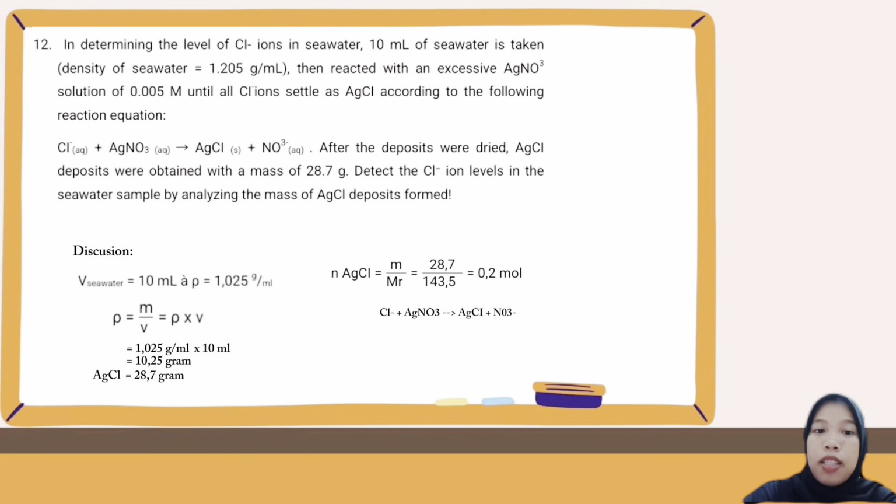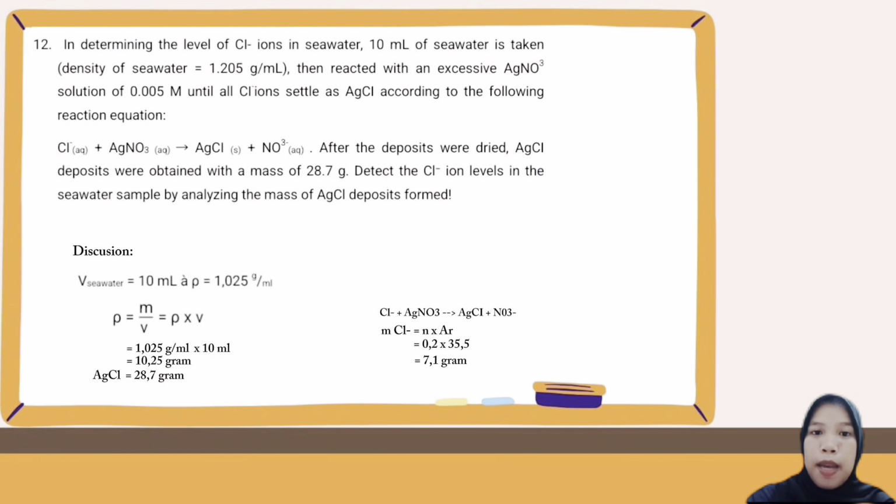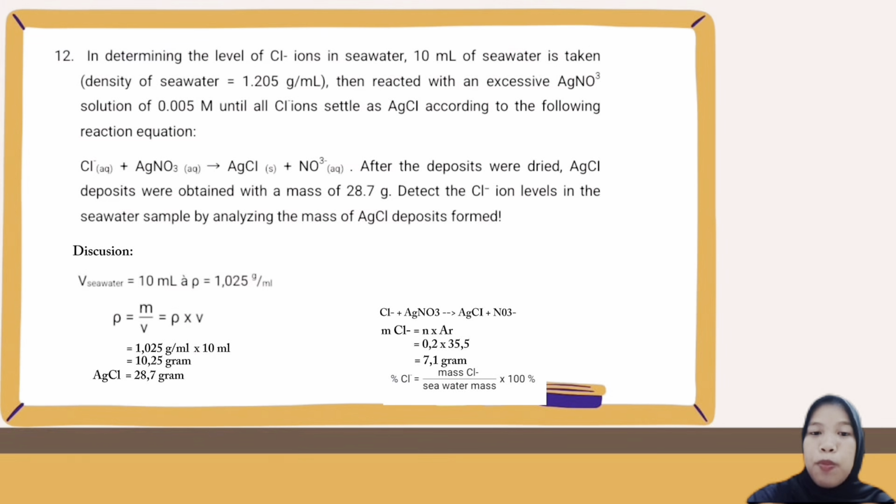Cl- plus AgNO3 produces AgCl plus NO3-. m Cl- equals n times Ar equals 0.2 times 35.5 equals 7.1 gram. Percent Cl- equals mass of Cl- divided by seawater mass times 100% equals 7.1 divided by 10.25 times 100% equals 70%. So the determination result found the Cl- ion level is 70%.